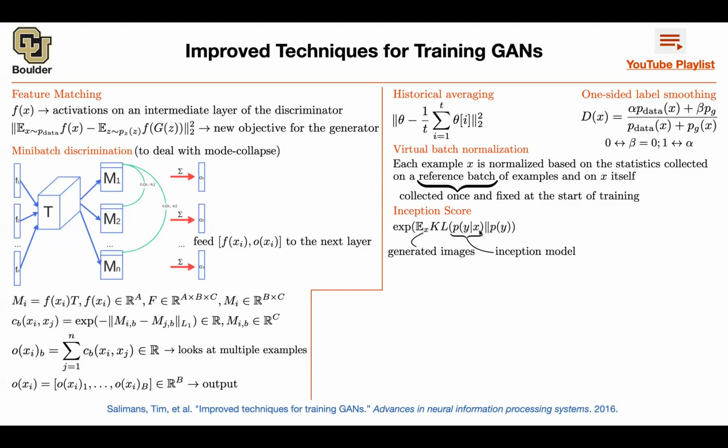And what you want out of your labels that are coming out of this classifier, you want them to be as diverse as possible. So you want your distribution to have a high entropy. Why is that? Because you want to see a diverse set of images being generated.